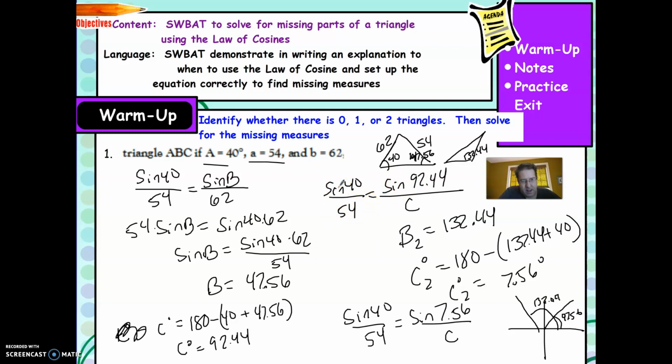So 54 times sine of 92.44, divide that by sine of 40, and you get 83.93.